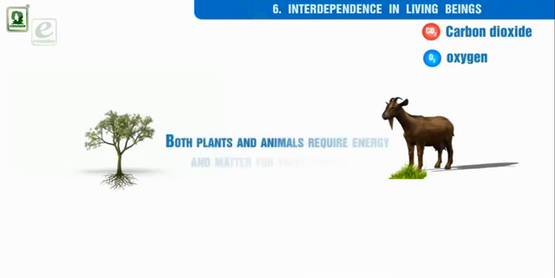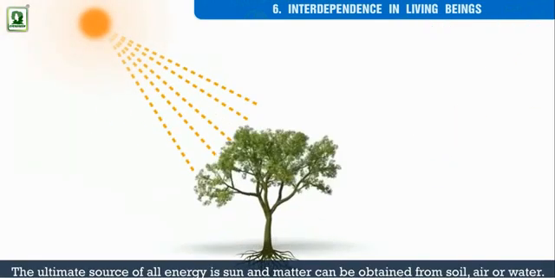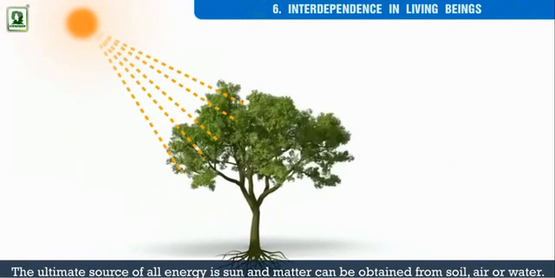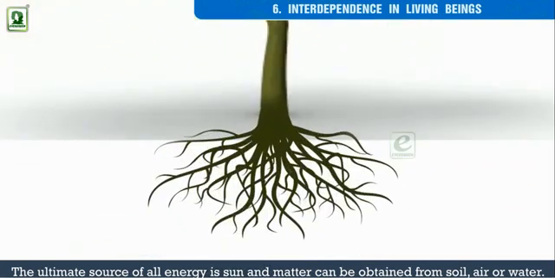Both plants and animals require energy and matter for their survival. The ultimate source of all energy is the sun, and matter can be obtained from soil, air, or water.